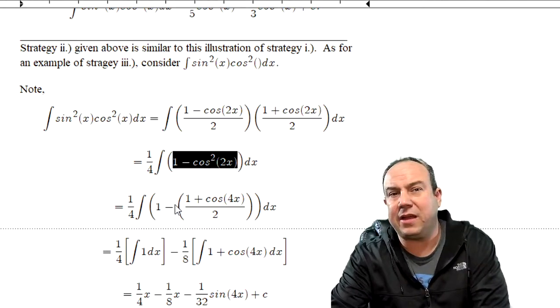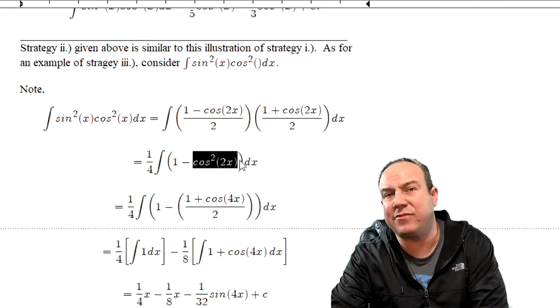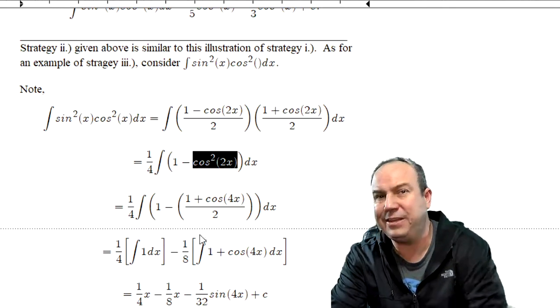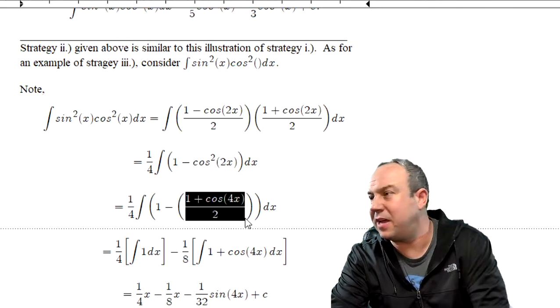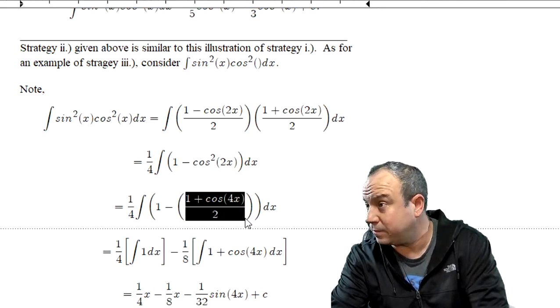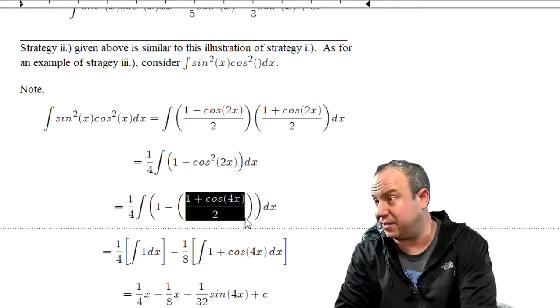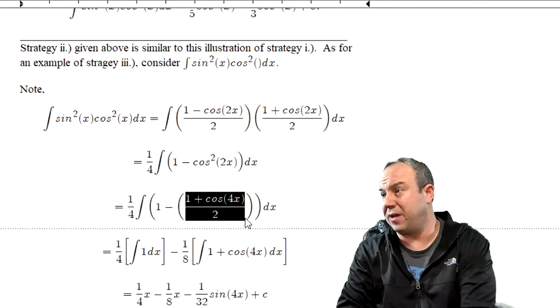Where that integrand, to approach it, I'm going to have to now take this second power of the cosine and apply the half angle identity again. Which would say that's equivalent to 1 plus the cosine of 4x divided by 2 in value.